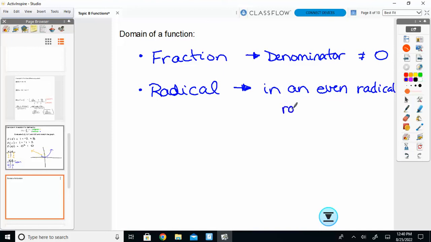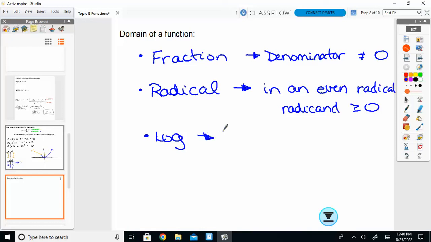So the radicand, or the thing under the radical, has to be greater than or equal to 0. So if it's an even root, you cannot have a negative underneath. All right, the last one wasn't one that we focused on as much because it didn't appear until the end of the year.